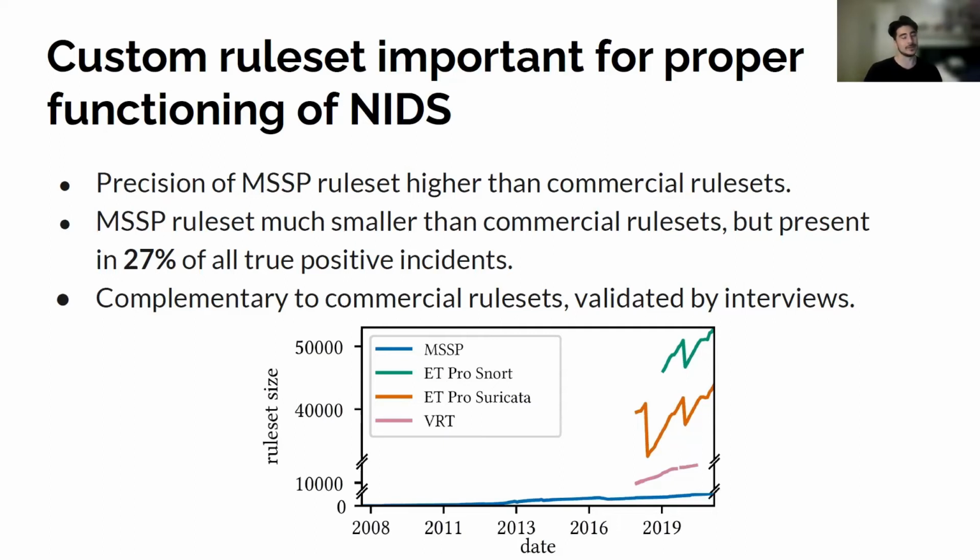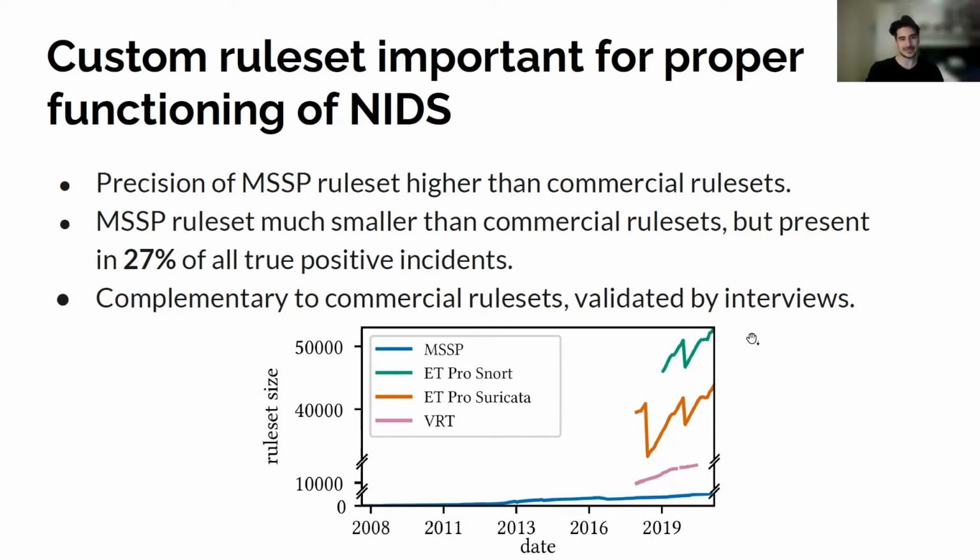So first of all, we found that the precision of the MSSP rule set is higher than the commercial rule sets. And even though the MSSP rule set is much smaller than the commercial rule sets, as we can see in this graph here, this blue one on the bottom is the MSSP. It comes to about a maximum of 2,000 rules, which is much, much smaller than, for example, the ET Pro-Snort rule set, which comes up to over 50,000 rules.